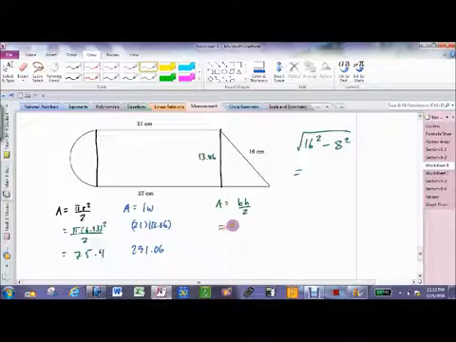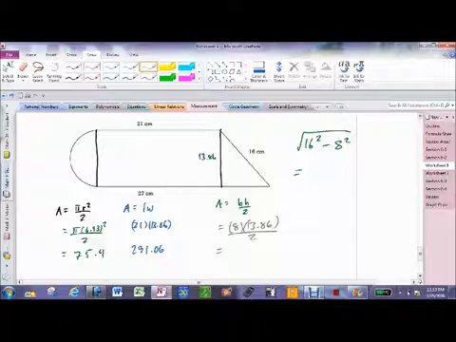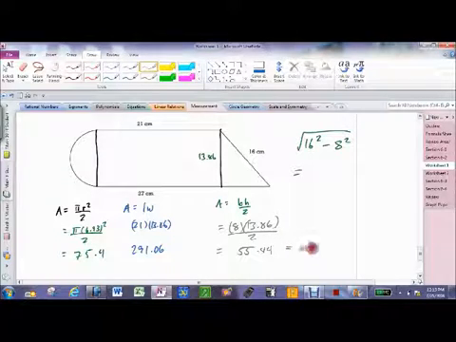Base, which was 8, times height, which was 13.86, divided by 2. $55.44. What do you do with those three numbers? Add them up. 421.9 for 3 marks. Because you had to add up 3 things.